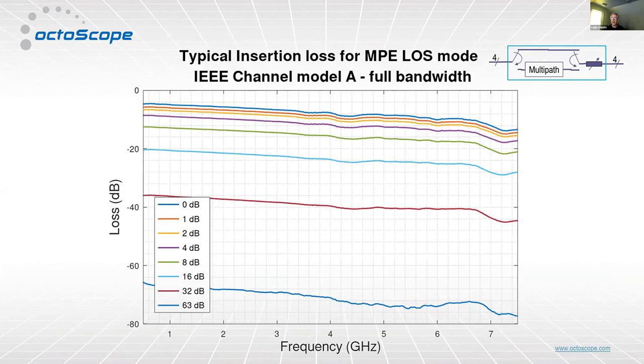This little image up above is showing that we are able to switch between the line of sight mode and the non-line of sight mode. So in that mode, we just get some loss just because it's in the link, and this is a measurement of that loss. That's what's known as insertion loss. So as soon as you insert something in the link, it's going to give you a certain amount of loss. And here's those measurements as a function of frequency.